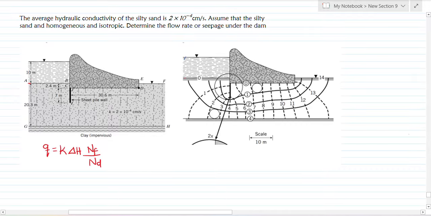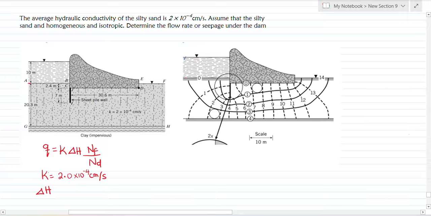So we would want to look at how to go about a question like this. Alright, so this is the relation. Luckily we are given the hydraulic conductivity, which is 2.0 by 10 to the power negative 4 centimeters per second, right? We need to find the change in head, that is the total head loss.